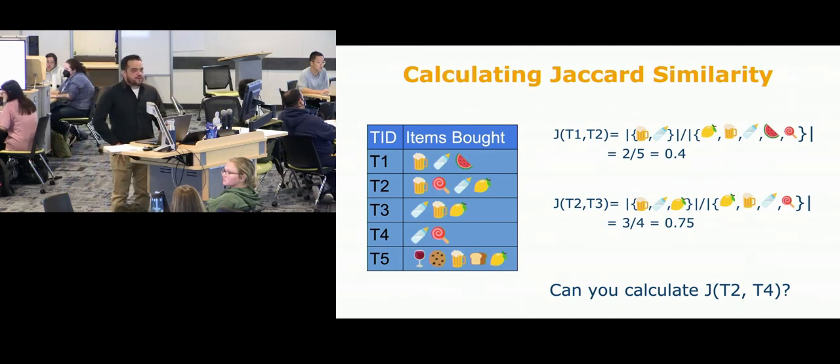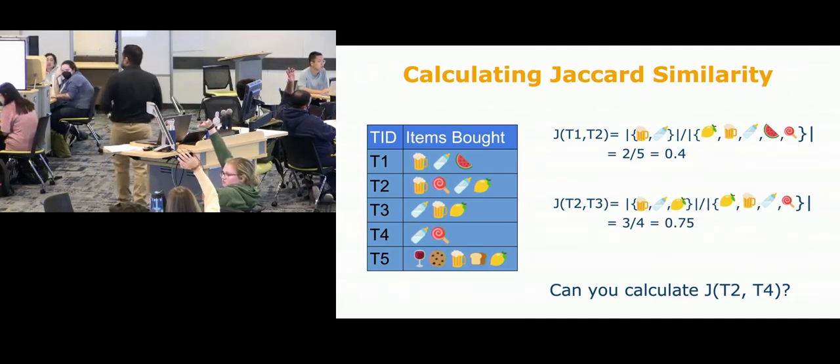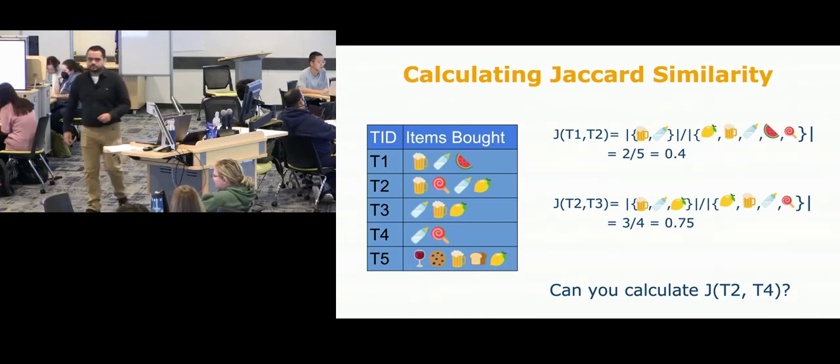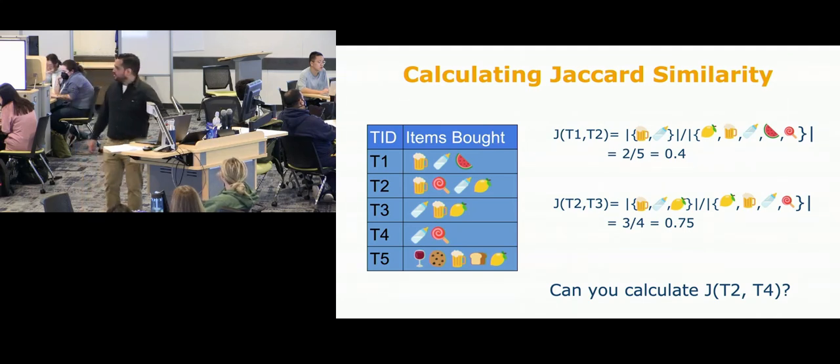So how many of you have seen Jaccard similarity in some other class or some other way before? Can you raise your hands? Okay. So which class have you seen it in? Anyone?